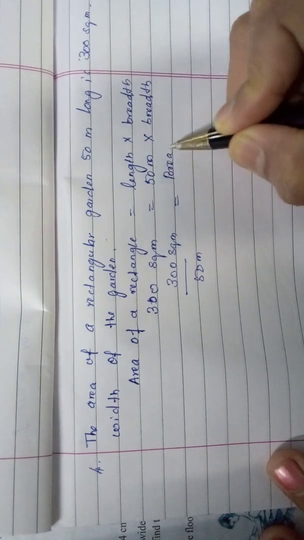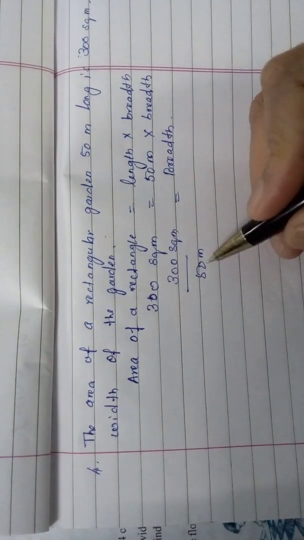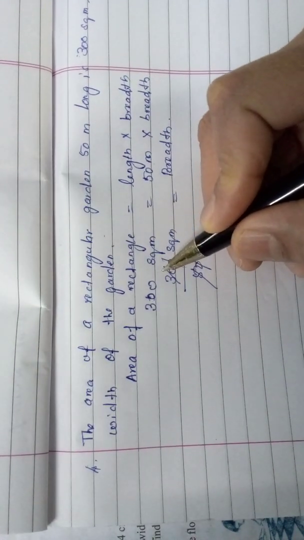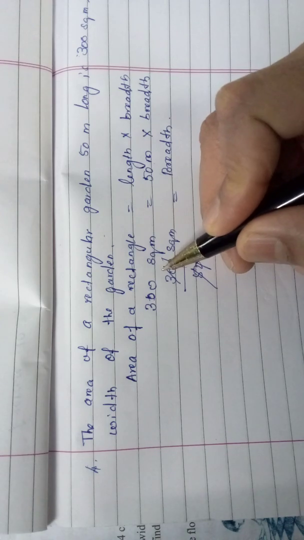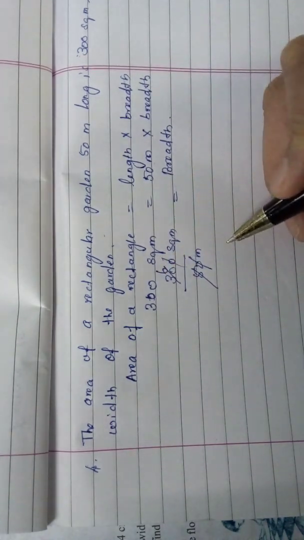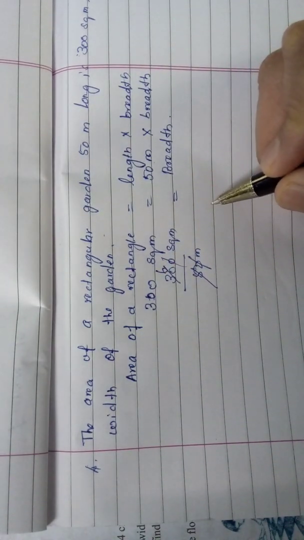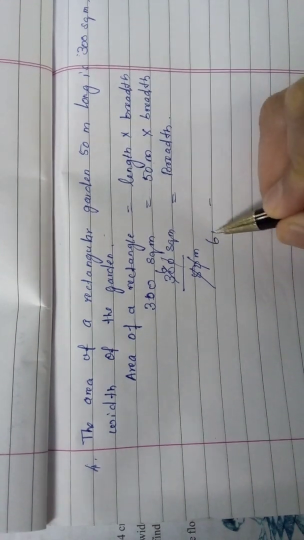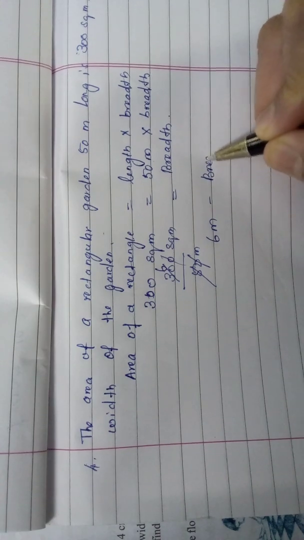So, what we should do? We know, 0, 0 cancel, 6, 5, 5 also, 5, 6 are 30. So, what is the answer? That is the breadth. How much was the breadth? That is nothing but 6 meter is the breadth.